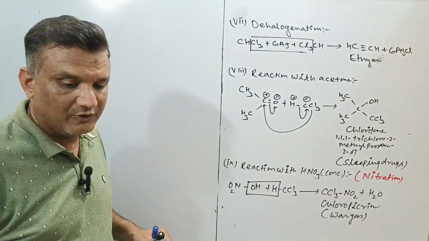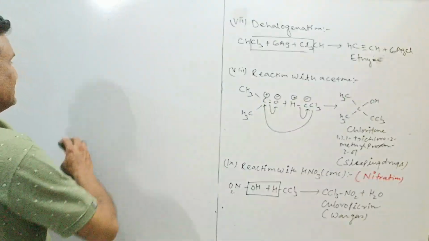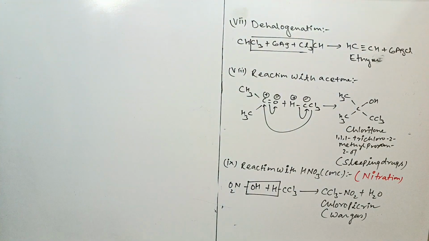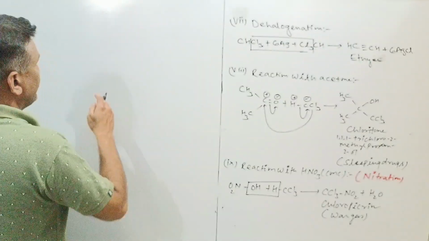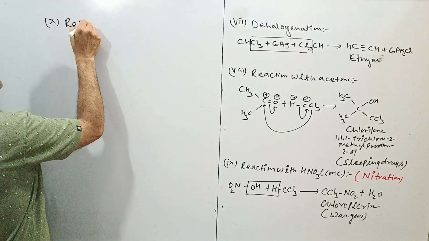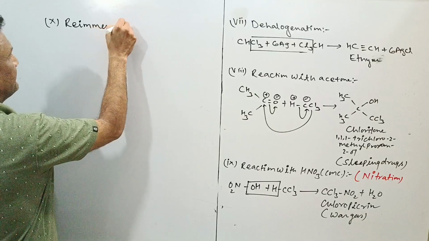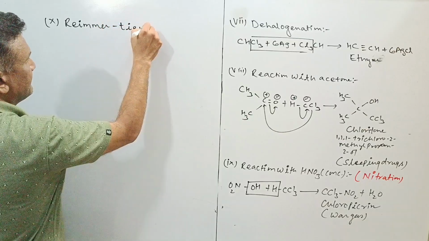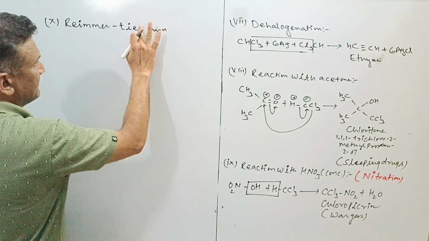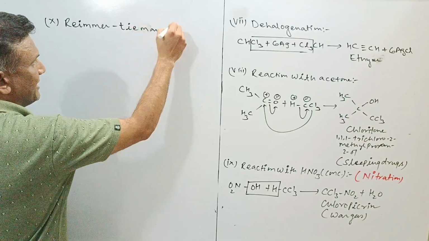Now I would like to go with the further reaction as the 10th property and applications of chloroform. This is the 10th property, Reimer-Tiemann formylation.